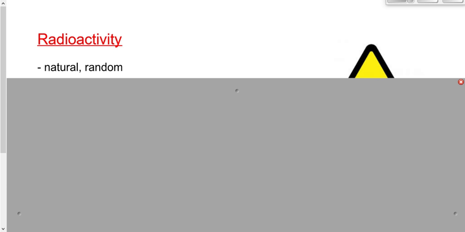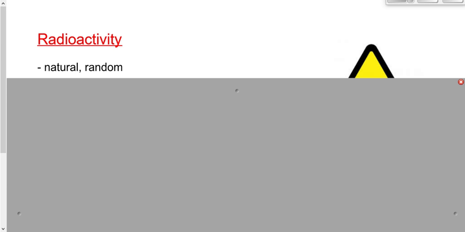Radioactivity is a natural process. It's a random process. Radioactivity happens on its own, and it happens when it wants to happen. We don't control it. We can't even predict it for a particular atom or a particular nucleus. Now, we can make predictions based on statistics.